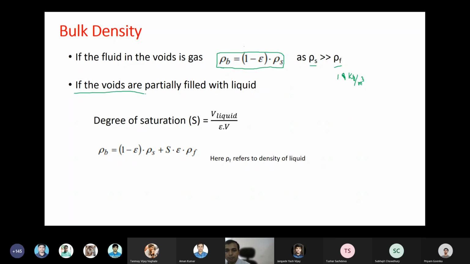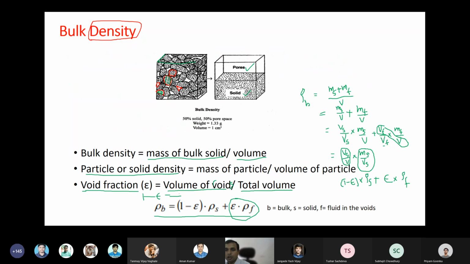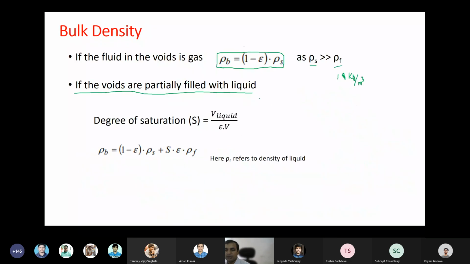If the voids are partially filled with liquid, let's say this is a bulk solid and the voids are filled up to some position because of humidity conditions, whatever, half the bed of solid. There is a term called degree of saturation.